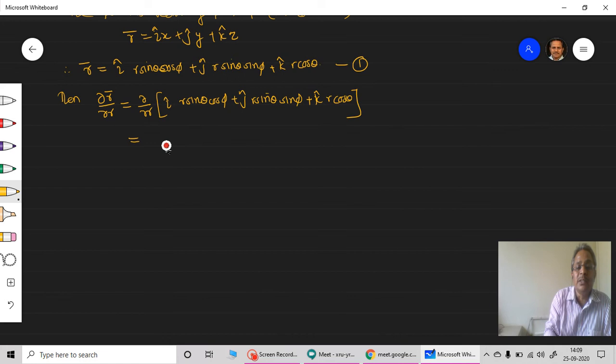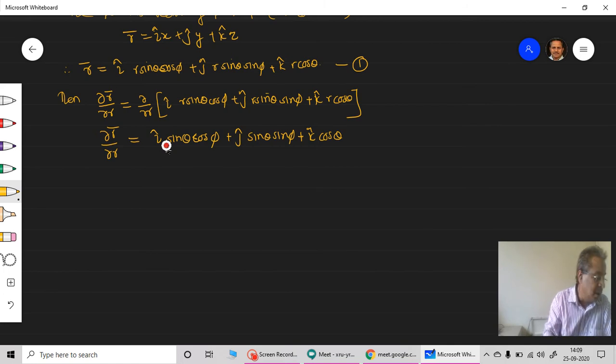So i cap into sin theta cos phi, this is my first term, plus j cap into sin theta sin phi, and last it is simply k cap into cos theta. This vector, the partial derivative of r bar with respect to r, differentiation of a vector with respect to a scalar, is again a vector because it contains i cap, j cap, and k cap.